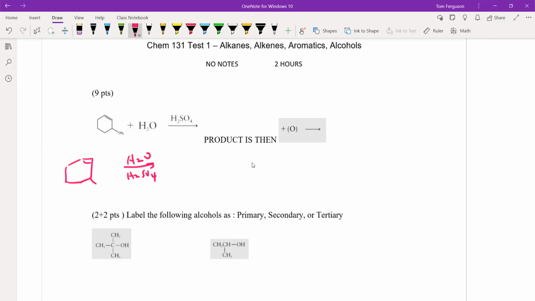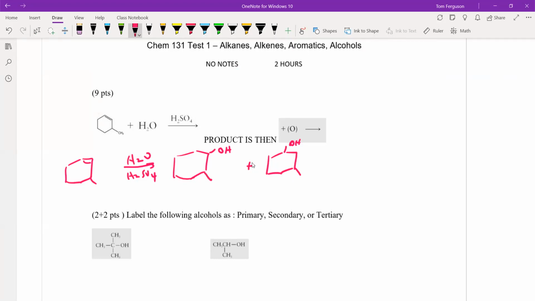So that water is going to add across that. So we're going to end up with that. Then we're going to oxidize it.